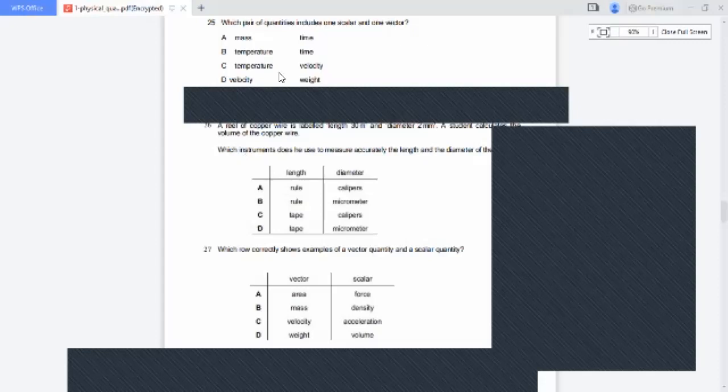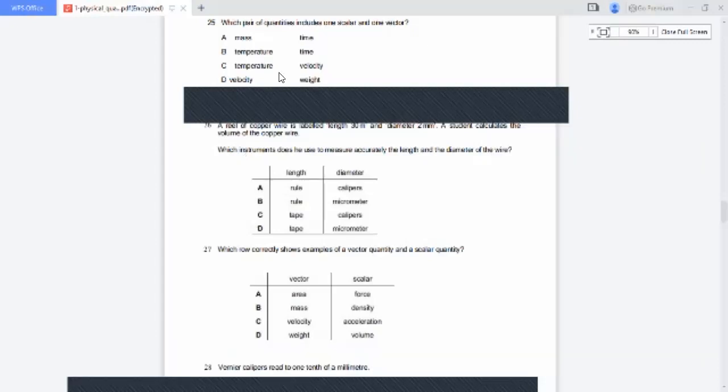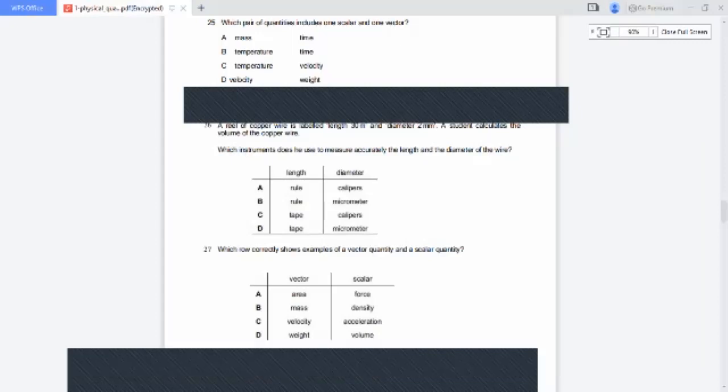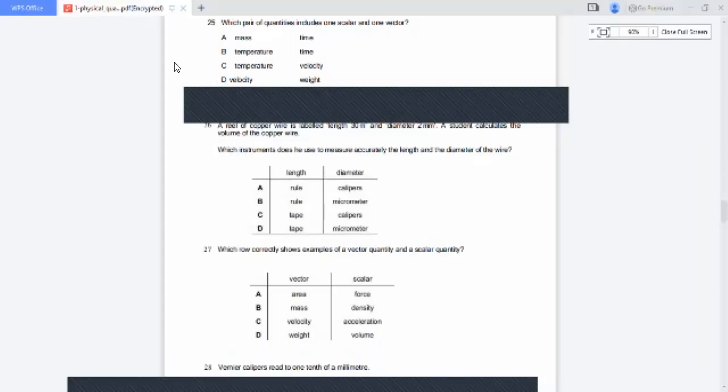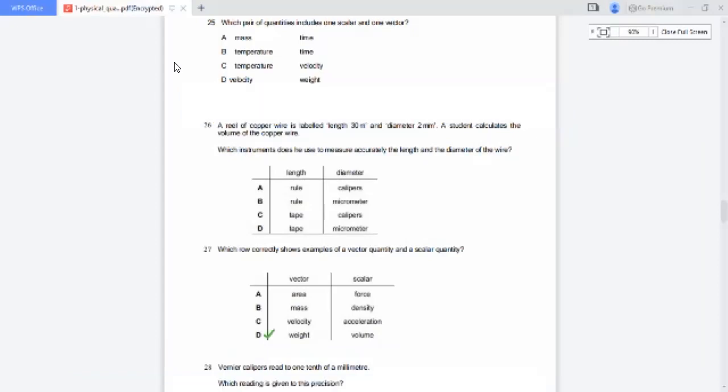Which row correctly shows an example of a vector quantity and a scalar quantity? So in the vectors column, velocity is a vector quantity and weight is a vector quantity. Area is a scalar quantity and mass is a scalar quantity.